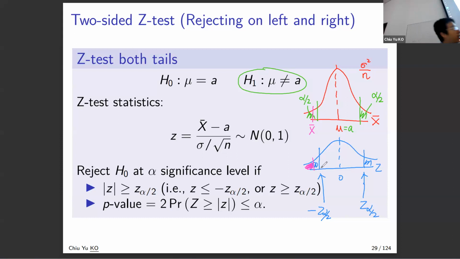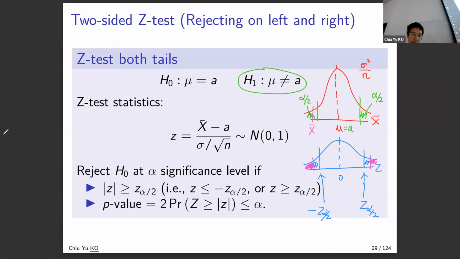Why times 2? Because alpha is adjusted, so it will be this area and this area. It's two-sided, symmetric. That's the only tricky part: the p-value is multiplied by 2, because the definition of p-value is the alpha at which we just reject. Don't worry, we'll do the example again, then you will see.